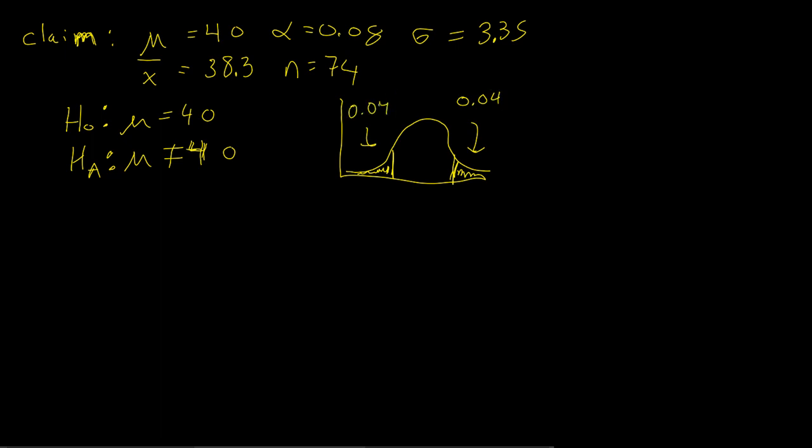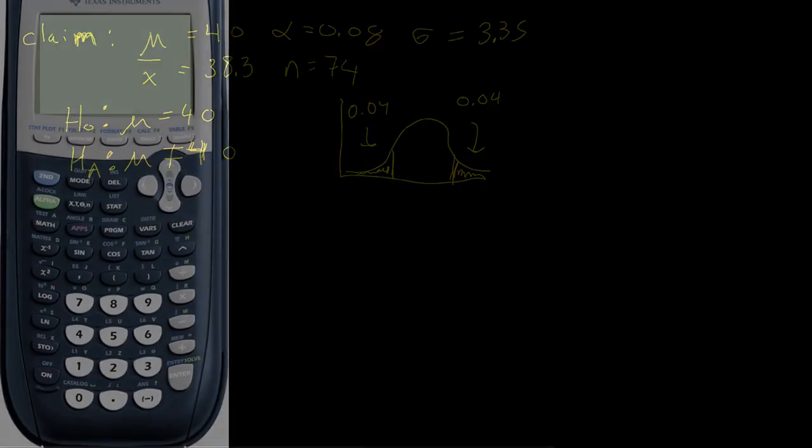When we go to test this, we want to pull out where our critical points are as a z value, and how to test this in general. So let me switch over to our calculator here and work on a way of getting our standardized test statistics out of this.